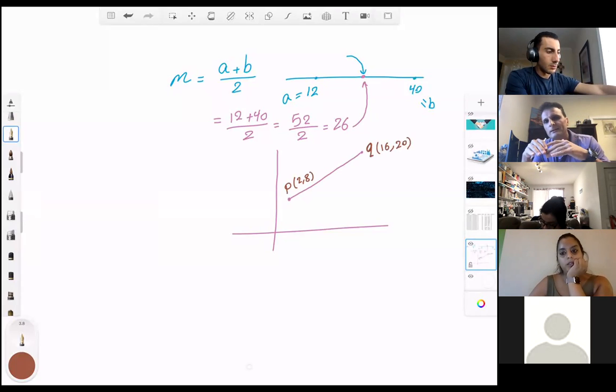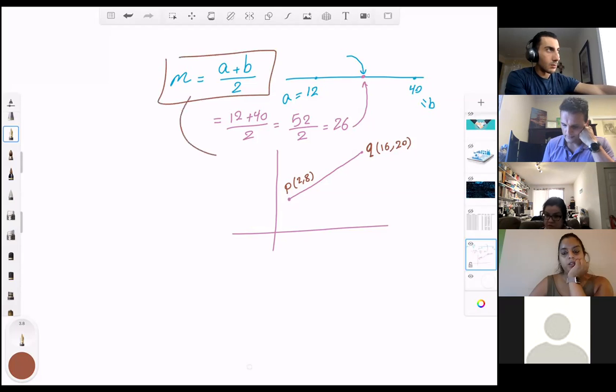I'm not going to teach you guys algebra, I'm just saying we can use this formula for x and y. So if you use that formula, we are able to find the coordinate of m.